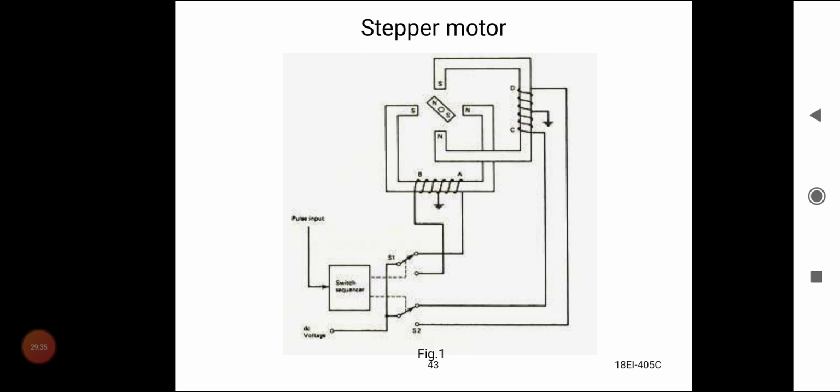DC voltage is controlled by the switches, which causes the switch sequencer pulse input to excite either the A side of the winding, or B side, or C side, or D side. Based on that, the rotational motion of the magnet, the rotational motion in discrete steps of the stepper motor.